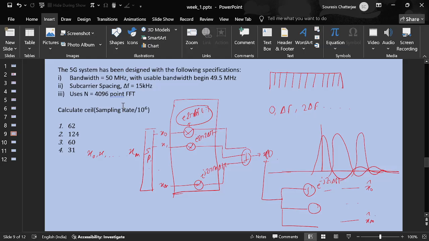If I am given a particular bandwidth, there should be some Nyquist rate, right? If I am doing analog to digital, twice the bandwidth. Okay, you need to sample at twice the bandwidth, right? Twice the positive bandwidth, right? Because when I'm seeing bandwidth here, it's from minus 25 to 25.